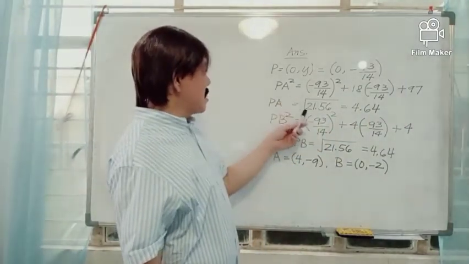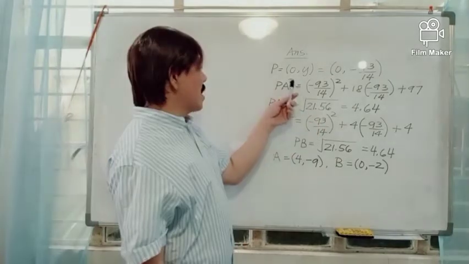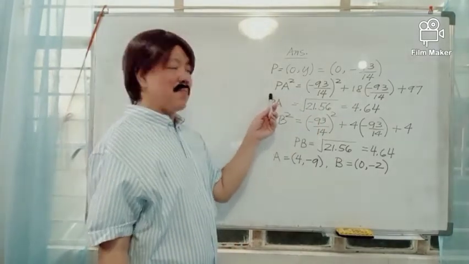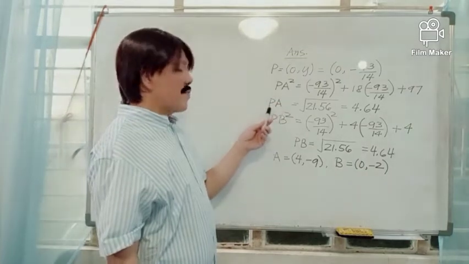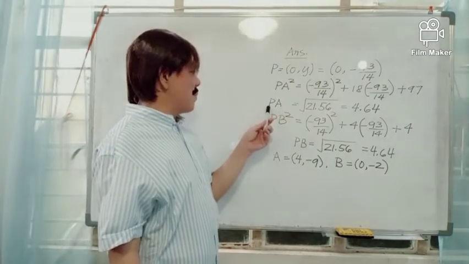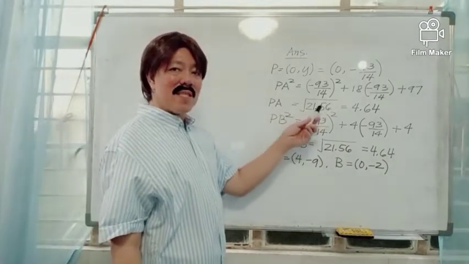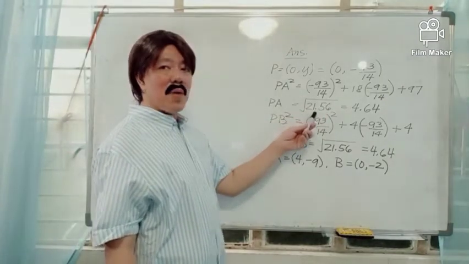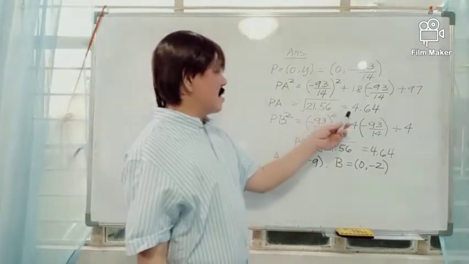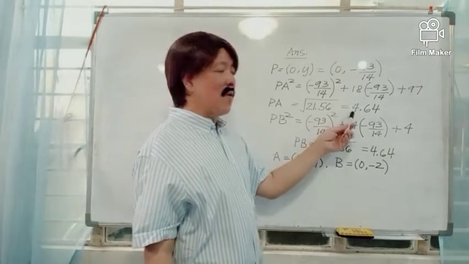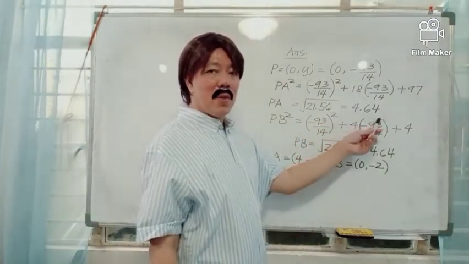And 21.56 is the square of the distance between the points P and A. And to find the distance between the points P and A, we get the principal root or the positive root of 21.56, and it gives us a value of 4.64 units.